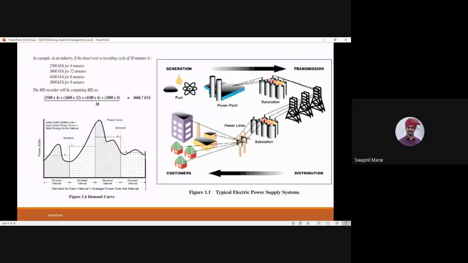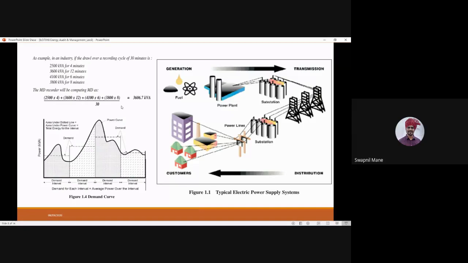But this is the energy term. When we talk about voltage into ampere, it becomes the energy term. Multiplied by time, it becomes the power term. So this is for 4 minutes, this is for 12 minutes, and the maximum demand recorder will be computing the maximum demand this way.